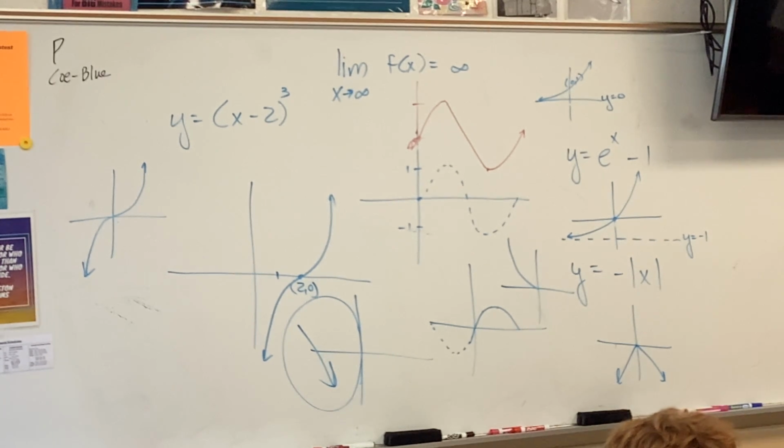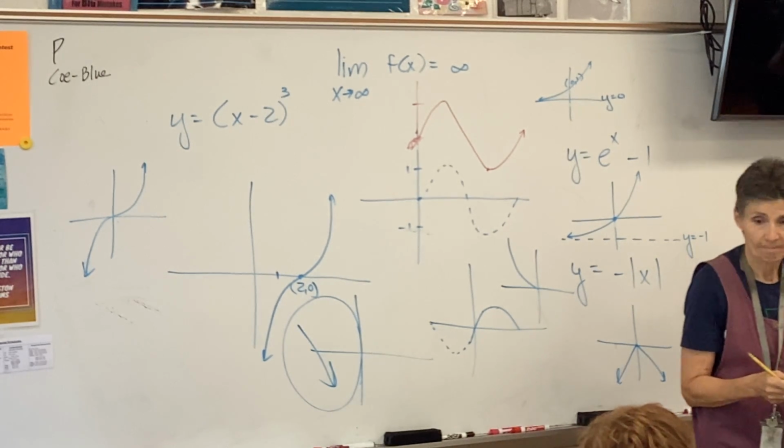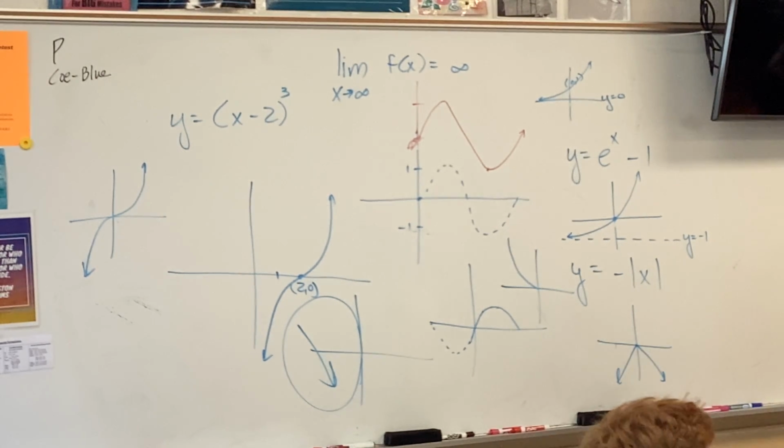Sine and cosine, definitely. Greatest integer just keeps marching. Logistic. There's one more that doesn't. Reciprocal. The reciprocal doesn't go up to infinity, it comes down to zero.